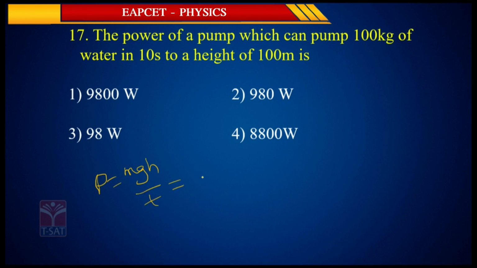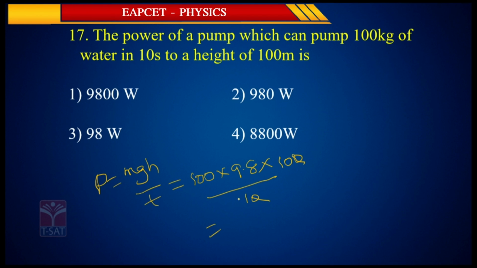Okay children, mass is given. What is being asked? The power of the pump. Here mass is equal to 1000 kg, given in the SI system. You take the g value 9.8 into the h value, height 100 meter, by time, which is 10 seconds. Okay children, one zero and one zero get cancelled.